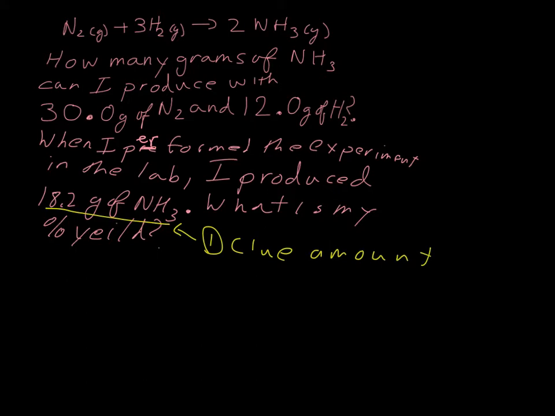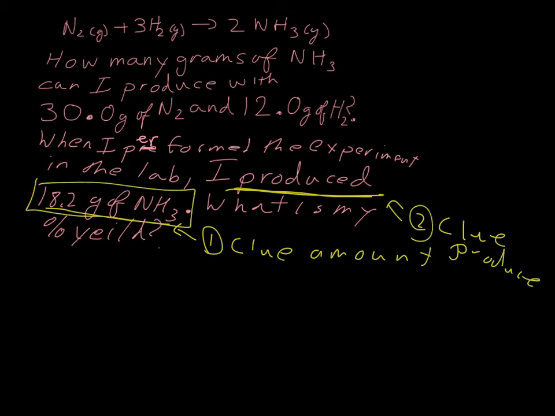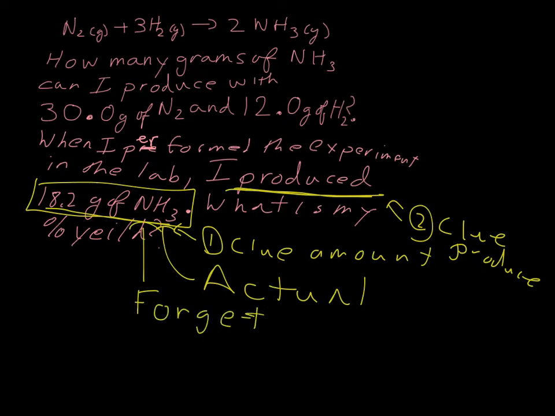Then as I read the sentence, they say that this was produced in the laboratory. Somebody actually produced this. That's my second clue. It was actually produced when an experiment was carried out. That lets me know that this 18.2 grams of ammonia is my actual yield. And that means I get to forget about this number until my last step. In other words, I need to listen to my foreman and forget about it.